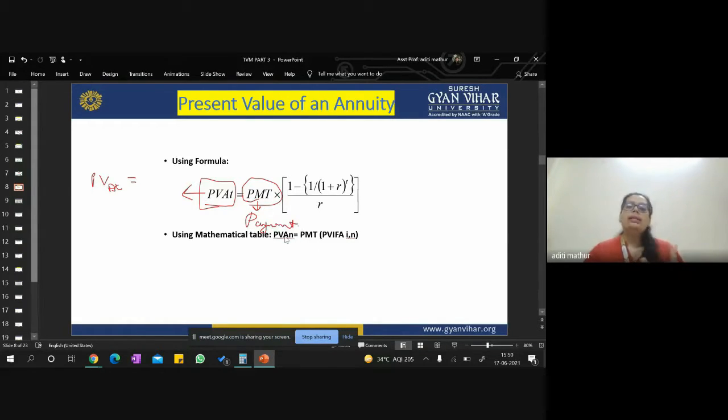Whatever amount is there for the payment, right? So that payment into 1 minus 1 divided by 1 plus r to the power of n or t, whole divided by r.